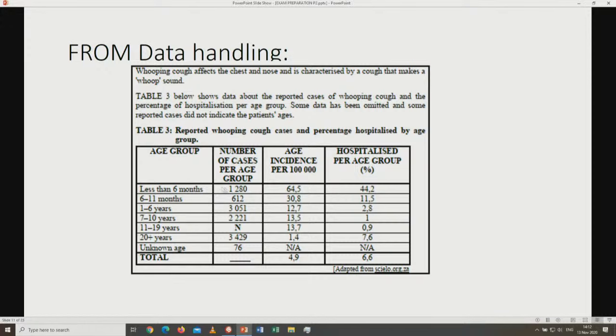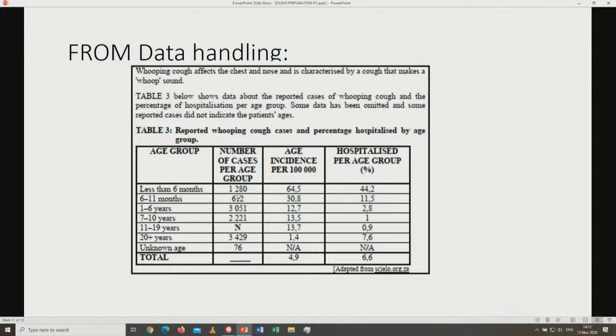are under 6 months. Now the age incidence per 100,000, they say it is out of these cases, 64.5 of the cases will be this age group, which is babies. And then hospitalized per age group, what percentage are hospitalized?